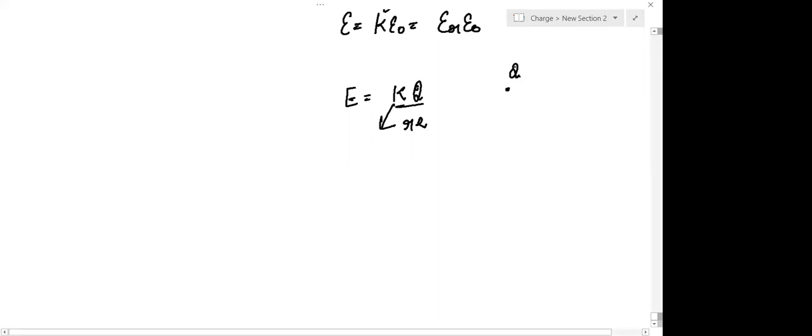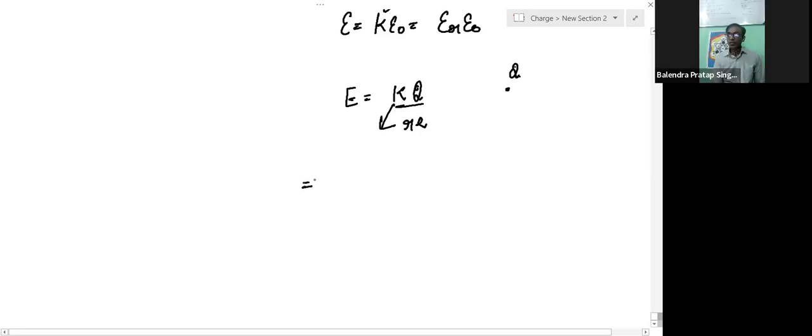F equals K Q1 Q2 by R square. Yeah, here you have to give the answer in terms of 1/4 pi epsilon, because in terms of K I will not get the exact answer.